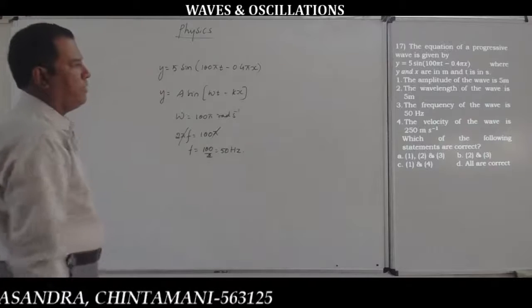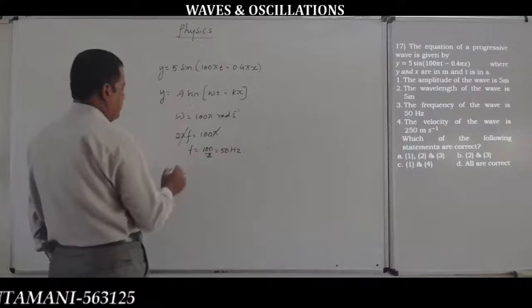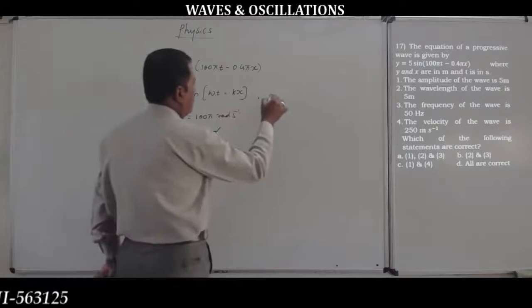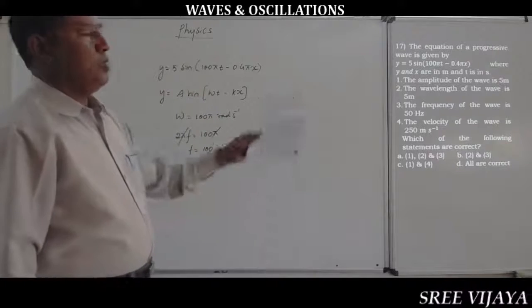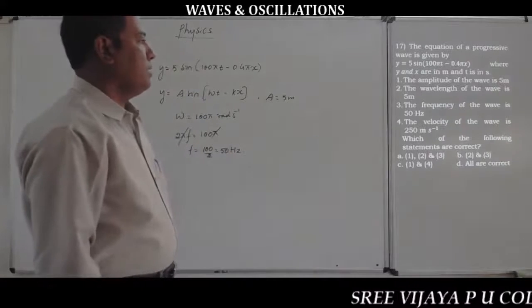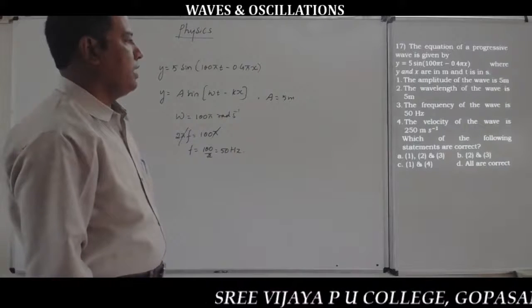That is the frequency. And when you compare the relation from this equation, you get amplitude as 5 meter. So option 1 is the amplitude of the wave is 5 meter, and option 3, the frequency of the wave is 50 hertz.